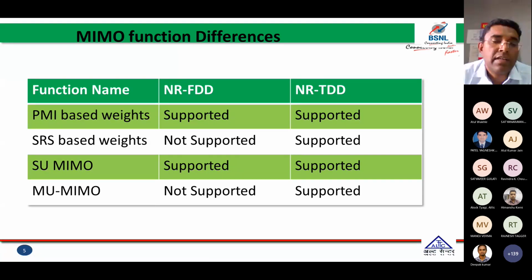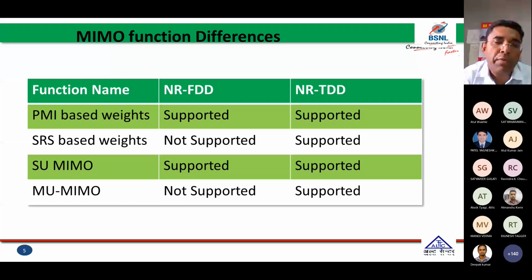And sounding reference signals are used for estimating the channels in the uplink. So these are the two methods, the functions PMI based weight and SRS based weight. We will discuss in detail how these two methods are very important for assigning the precoding matrix and beamforming. They are the deciding factor for beamforming.